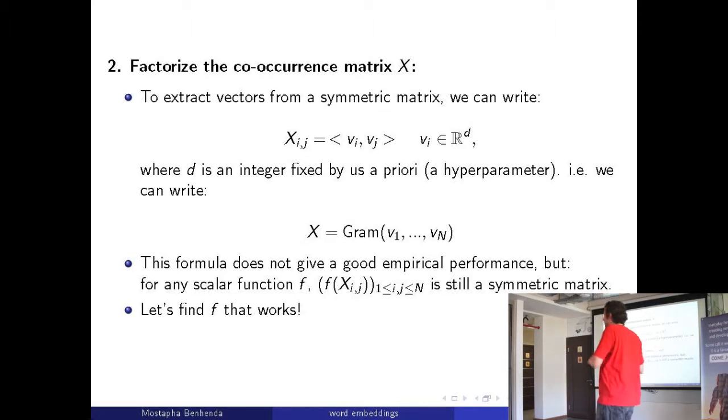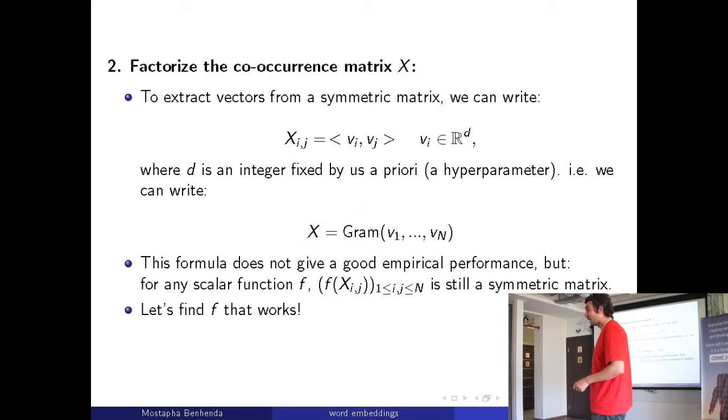So this is why your matrix is symmetric. So I think it's a legitimate idea to have this scalar product. We try this very naive factorization to just extract vectors from your matrix with scalar products. But this idea doesn't work in practice.